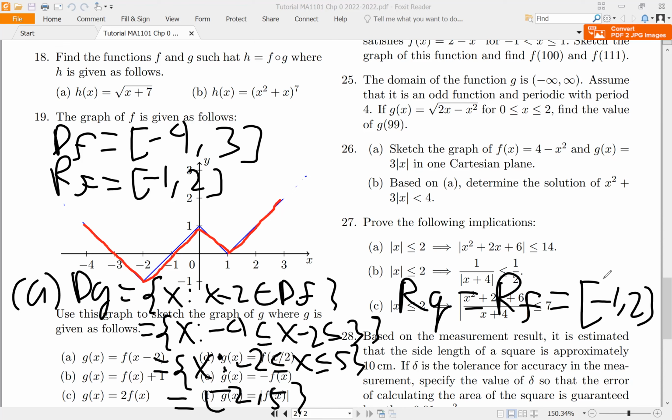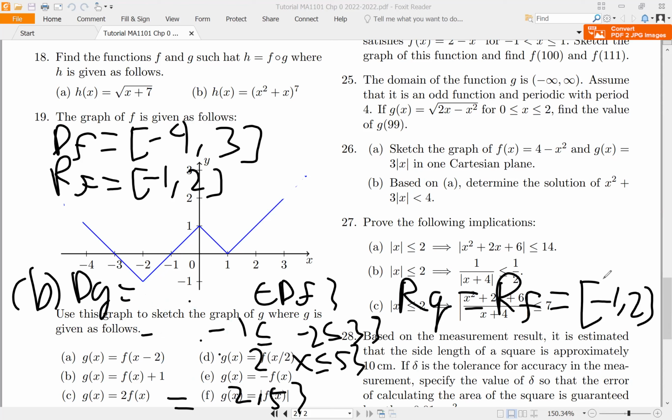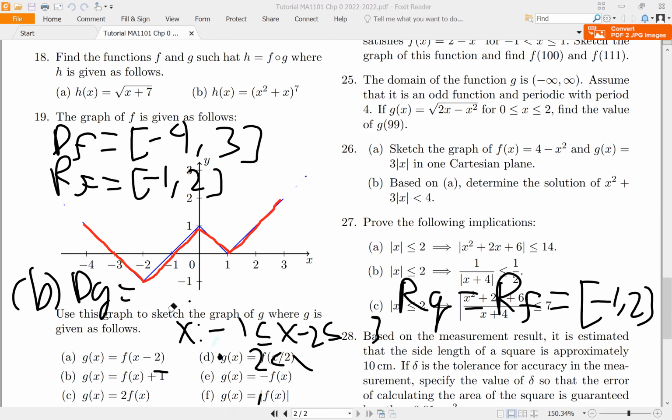So if you consider part B, for example, this is a completely different function, so I will erase it for part B. For part B, g of x equals f of x plus 1.